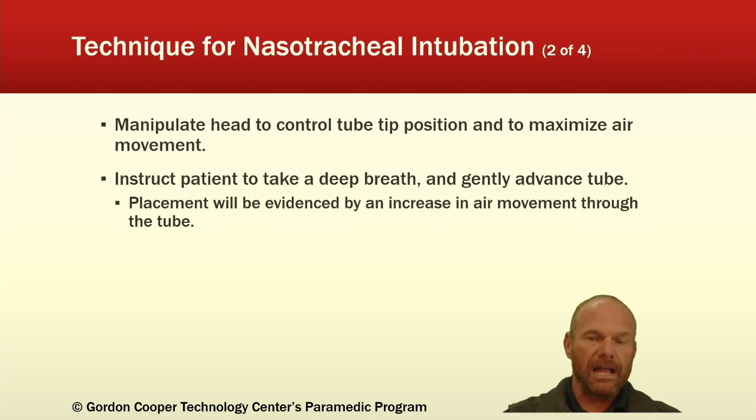Remember, because of the epiglottis and the way everything works, as they're breathing, we open up the trachea and we shut down the esophagus. So that should give you a much cleaner shot and the correct anatomy and physiology to be able to do this procedure. So once you have an increase in air movement through the tube, as you've pushed it through, we should be good to go, hopefully.